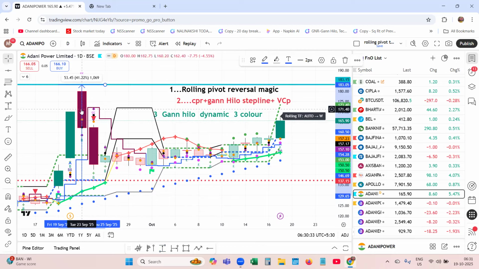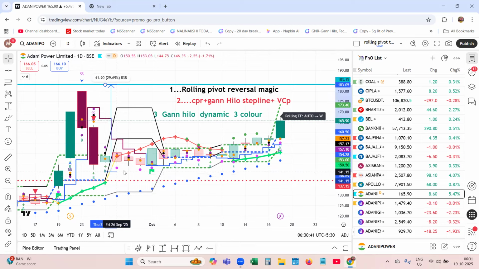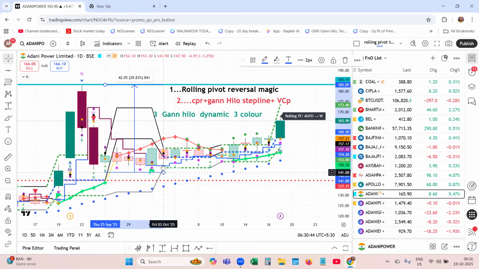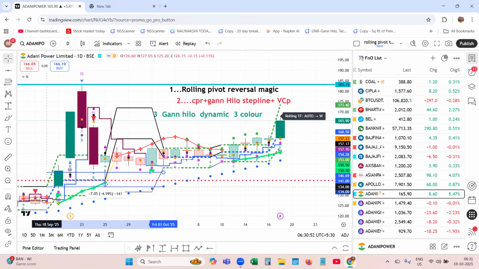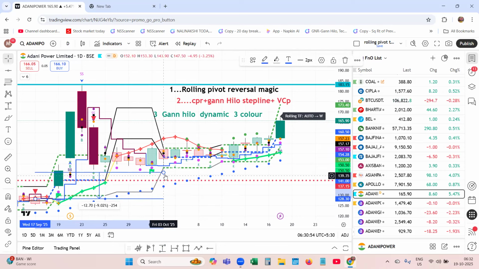That is a 41 percent up move, and then the stock started coming down. So you are in confusion. Day to day, it has come down, about a 30 percent correction. From the 40 percent pop up, only 10 percent is remaining.